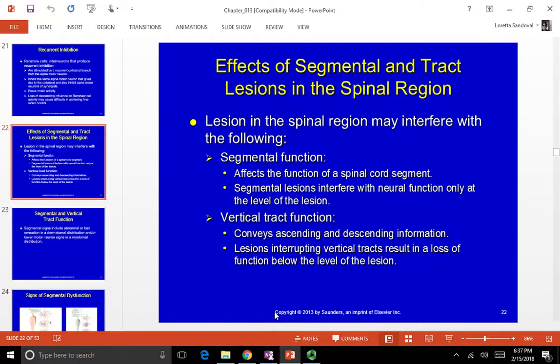So one of the assignments coming up in a couple of modules is a case study module, and I'm going to have you do it in groups. And so you'll be given a case study with a patient and their symptoms and the objective findings, and it will help you to determine whether it's a segmental lesion or a vertical lesion, if you keep these things in mind.